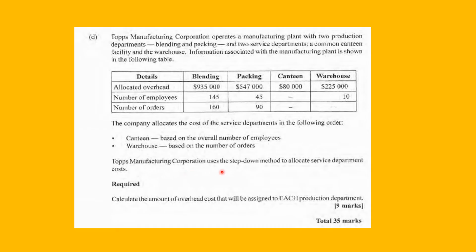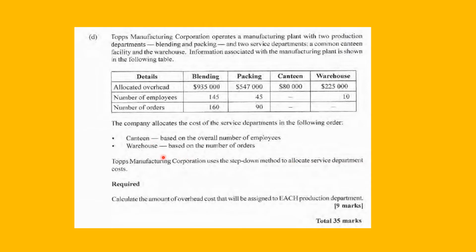Tops Manufacturing uses the step-down method to allocate service department costs. If you didn't know what the step-down method is, you could still go ahead and do the problem, but most likely you would get it in the wrong order.